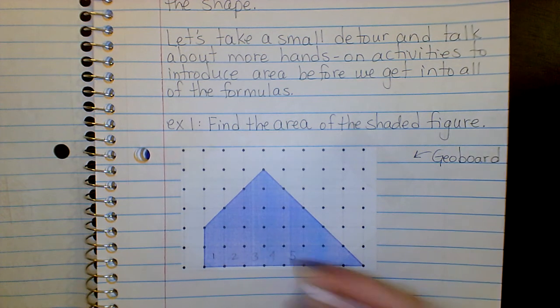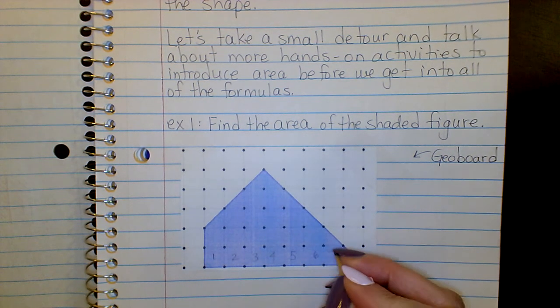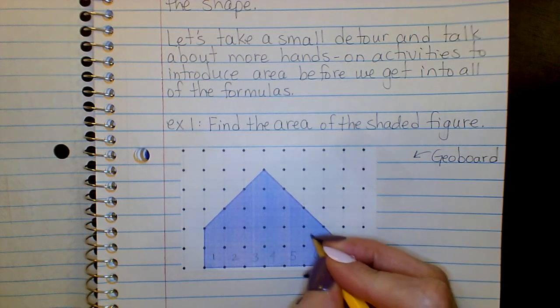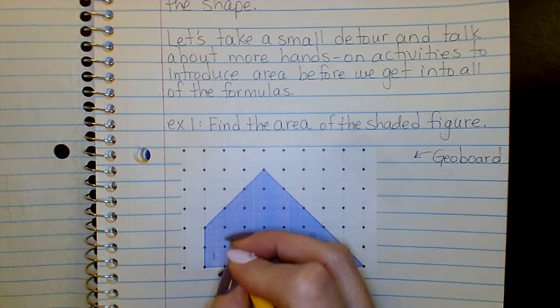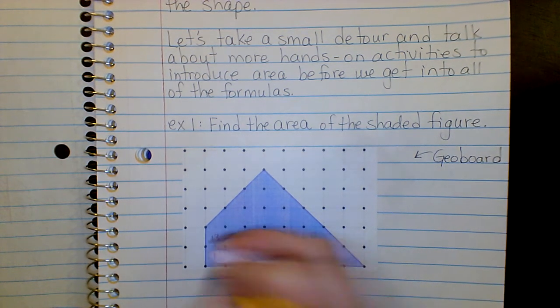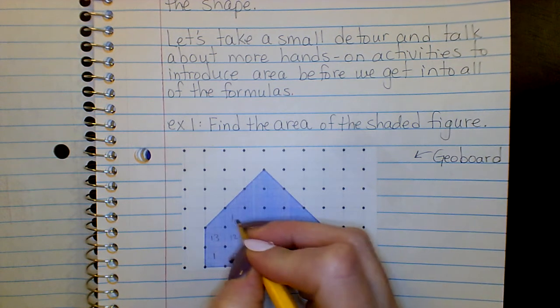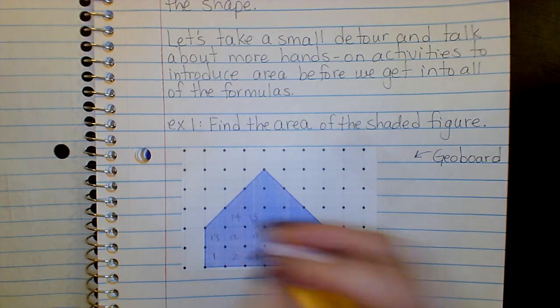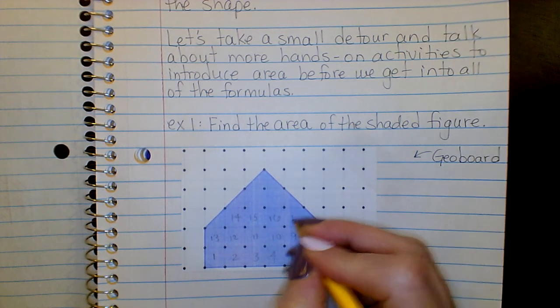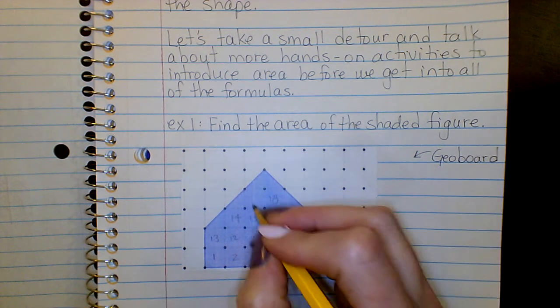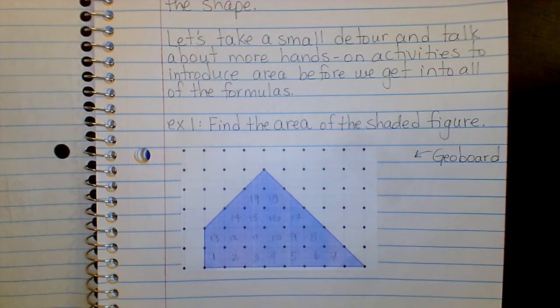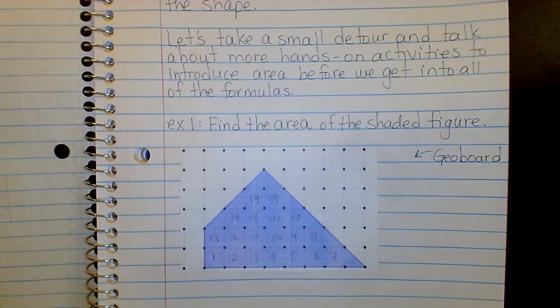So 4, 5, 6, 7 squares. 8, 9, 10, 11, 12, 13. That's not a full square. 14, 15, 16, 17, 18, 19 full squares.